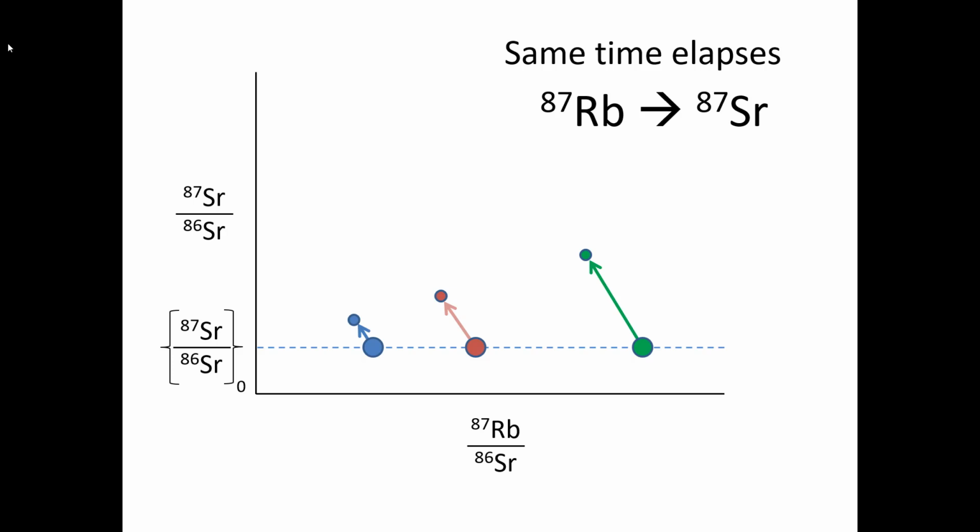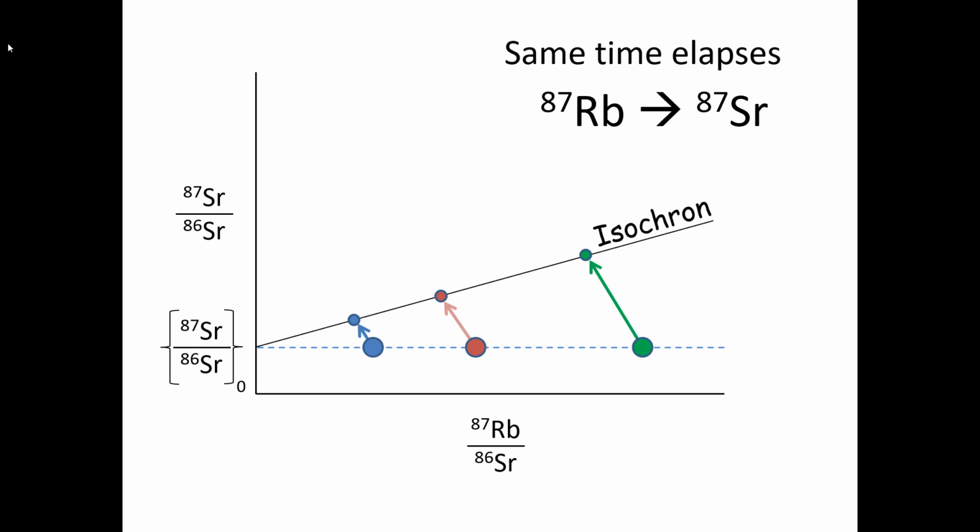And as they age, they each move in a slope of -1 to the upper left, with the rocks that are more enriched in rubidium 87 moving farther away, such that a line drawn through all of the final compositions will intersect the y-axis at the point of the initial strontium 87-86 ratio. We call that line an isochron line, and that is the basis of the isochron dating technique.